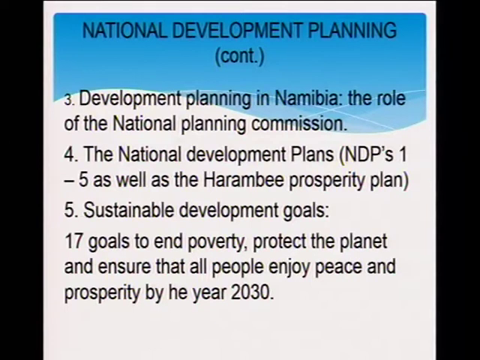Then I want us to go to something called the Sustainable Development Goals. This is by the UN. The United Nations has come up with Sustainable Development Goals, and these are 17 goals in total. I would like you to also get the document and read these 17 goals, which also is what the countries in the UN aim for, things like to end poverty, to protect the planet, ensure that all people enjoy peace and prosperity by the year 2030.